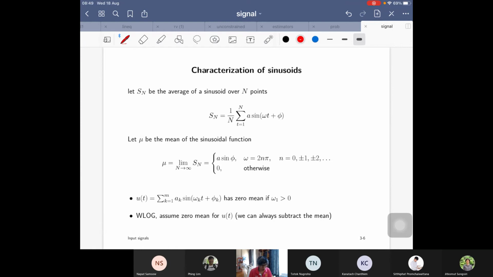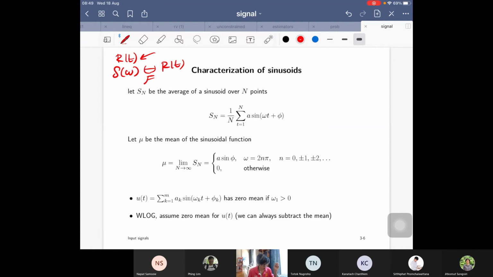Let me recall that when we talk about linear stochastic systems and random processes, please refer to that video. We talk about the autocorrelation function and the spectral density, which is the Fourier transform of the autocorrelation function.